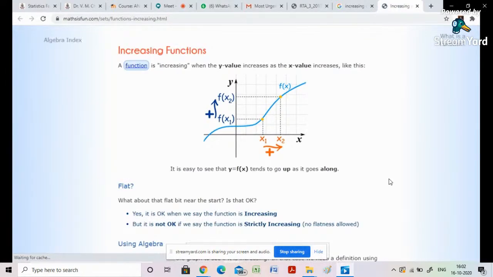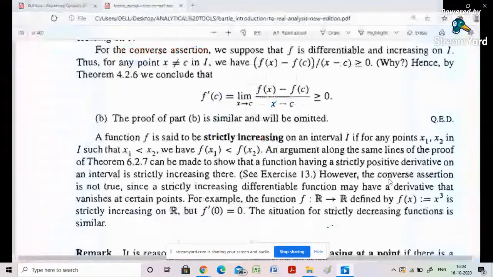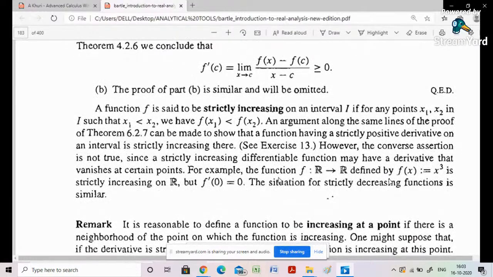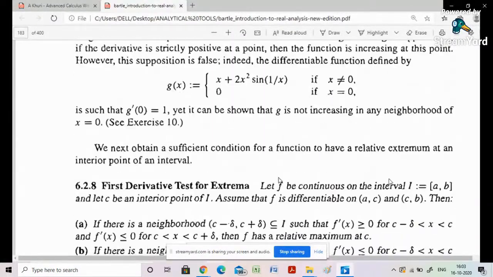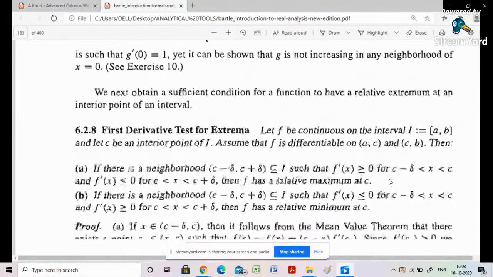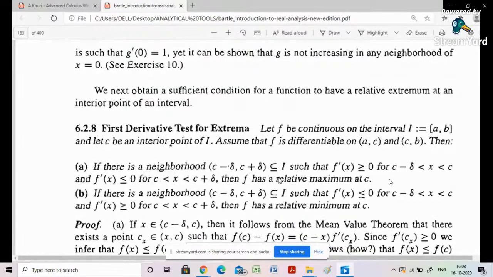When x1 less than x2, then f of x1 less than f of x2. That is the concept of increasing. Similarly, in the case of decreasing functions, when x1 less than x2, f of x1 is greater than f of x2.